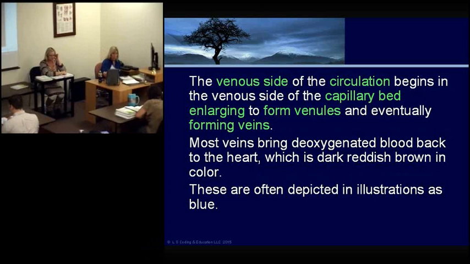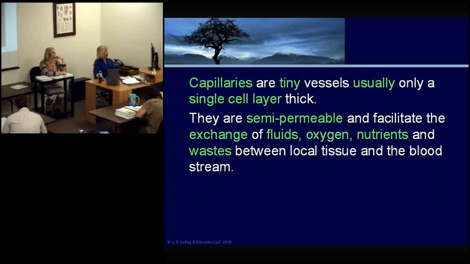There is one vein in the body that carries oxygenated blood, and we're going to go over that, and you guys have to remember. And there's one artery in the human body that carries deoxygenated blood. All right, capillaries are tiny vessels, usually only a single cell layer thick. They are semi-permeable. In other words, they're kind of leaky.